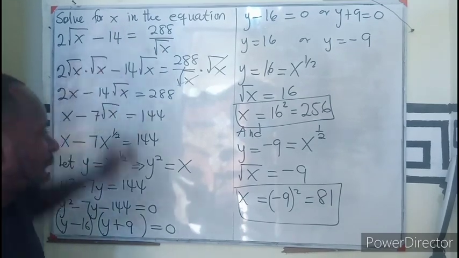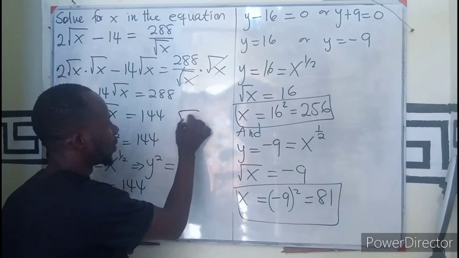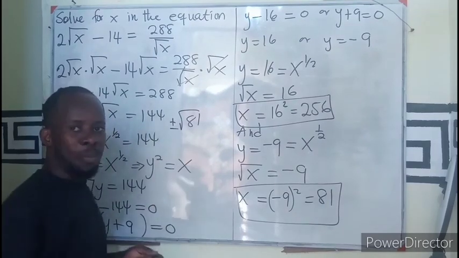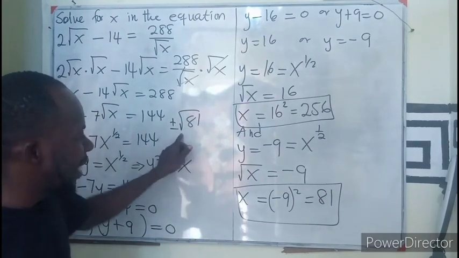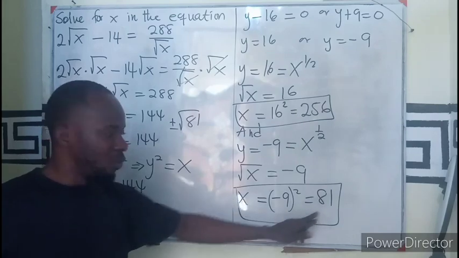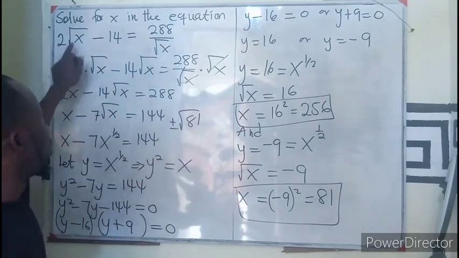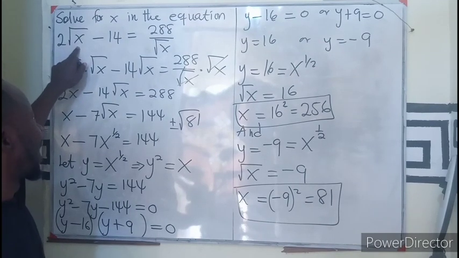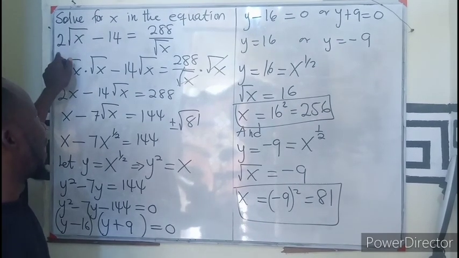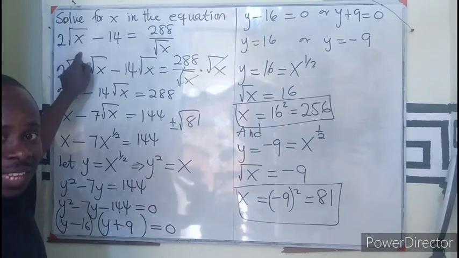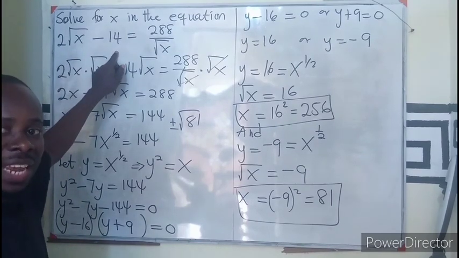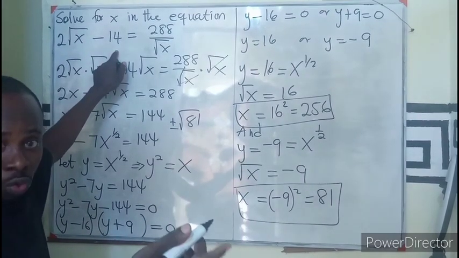It will only be correct if you know that the square root of any number is either positive or negative. But if you use a negative value, which is x equals 81 with the square root being negative 9, from here you get negative 9 times 2 going to be negative 18, minus 14 gives you negative 32.